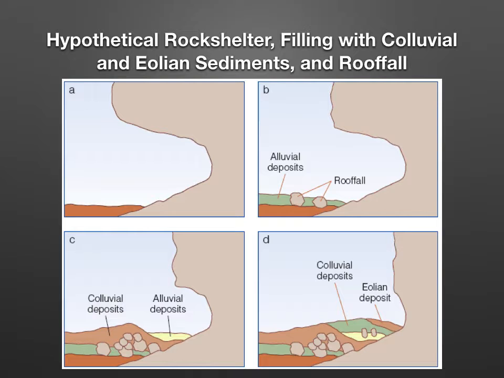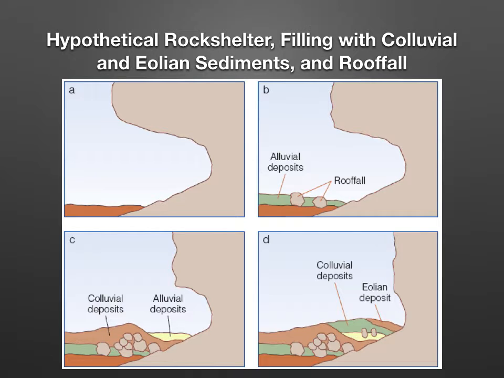The colluvial deposits are outside the front of the cave, and the alluvium is deposited there on the inside, probably from some kind of ponding activities. There's a flood, the water ponds in there, and the water eventually evaporates, leaving you with that alluvial deposit on the inside. After this, you've got additional colluvium that overlies the alluvial deposit, some additional rooffall, and last but not least, you've got some Aeolian deposit.